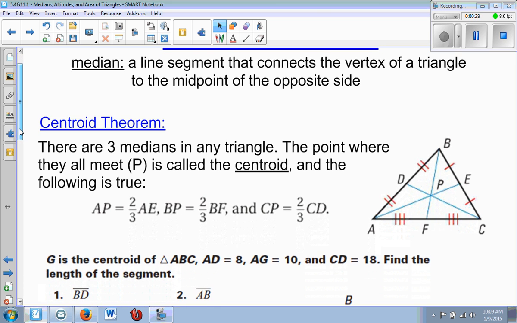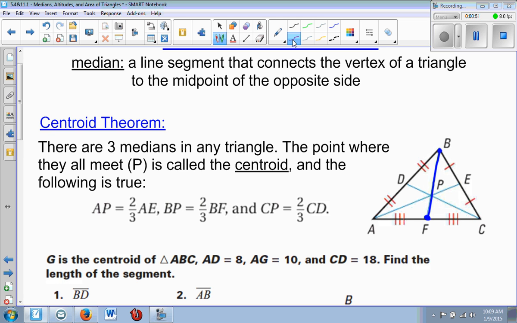So in any triangle, there is the possibility of having three medians. Those medians are drawn in the triangle at the right already, triangle ABC. One of them goes from vertex B down to the midpoint of the opposite side, which is point F. So BF would be called a median of the triangle.